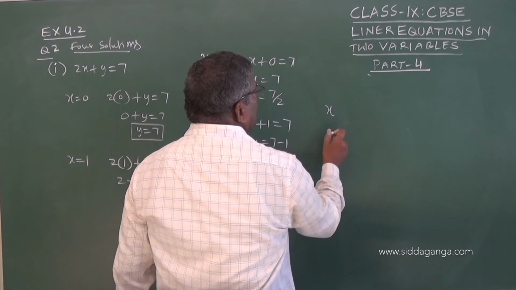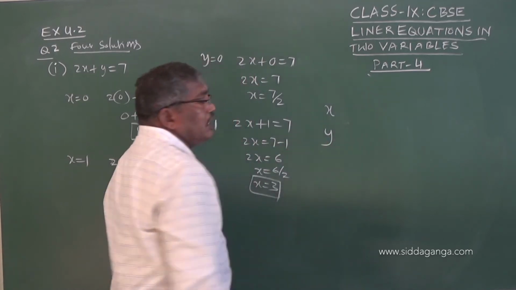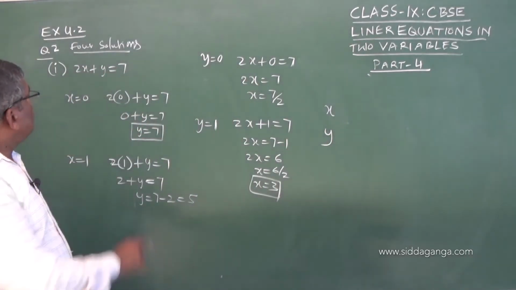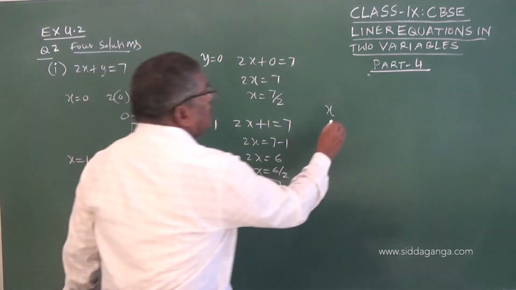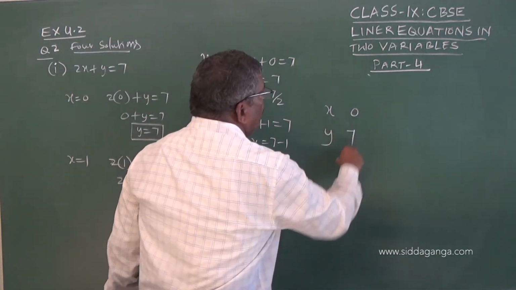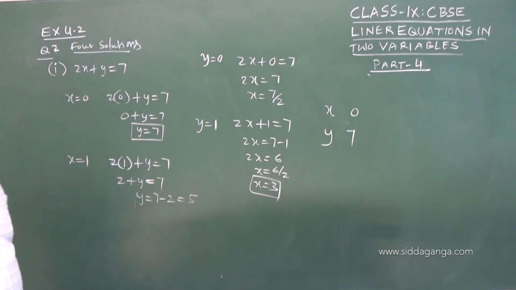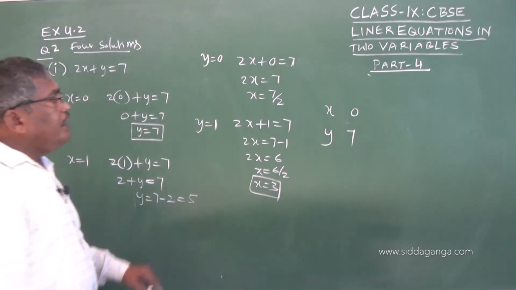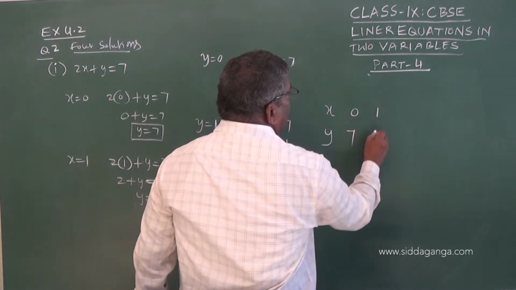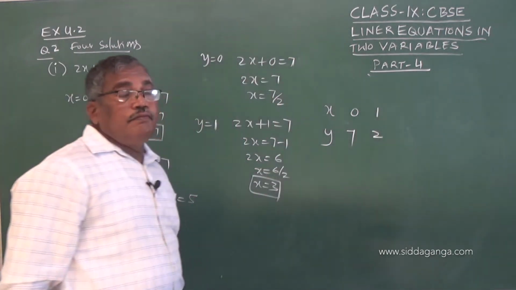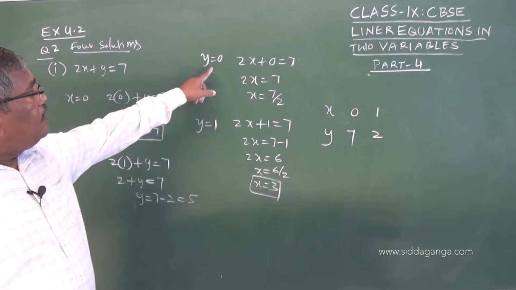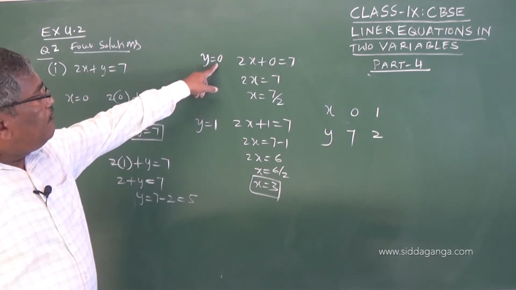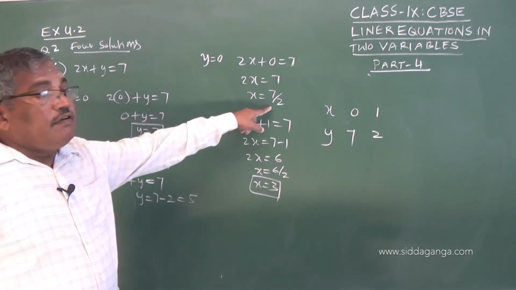Now, you tabulate the x and y. When x is 0, y is 7. And when x is 1, y is 5. Here, when y is 0, x is 7 by 2.